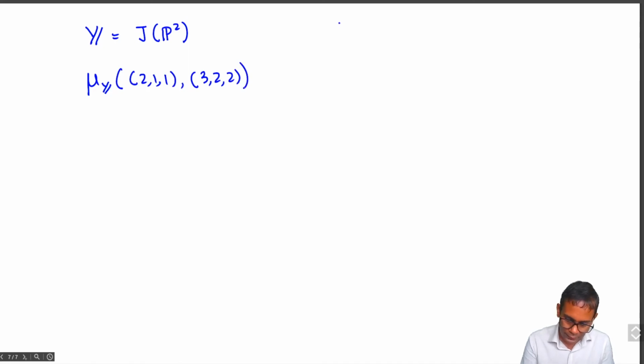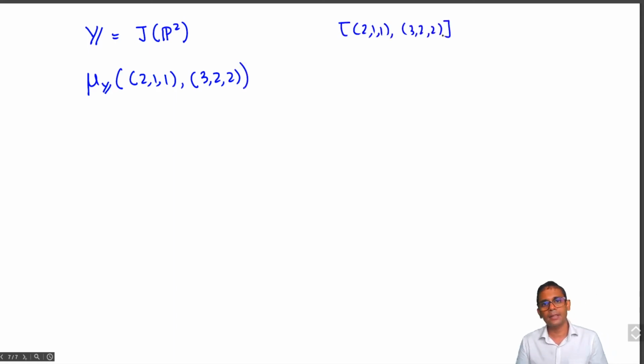Now this interval 2, 1, 1 comma 3, 2, 2 is a subposet of a distributive lattice, and in fact it is closed under meet and join, because if you take the meet and join of two elements in the interval, they still lie in that interval. And so this is actually a finite distributive lattice.